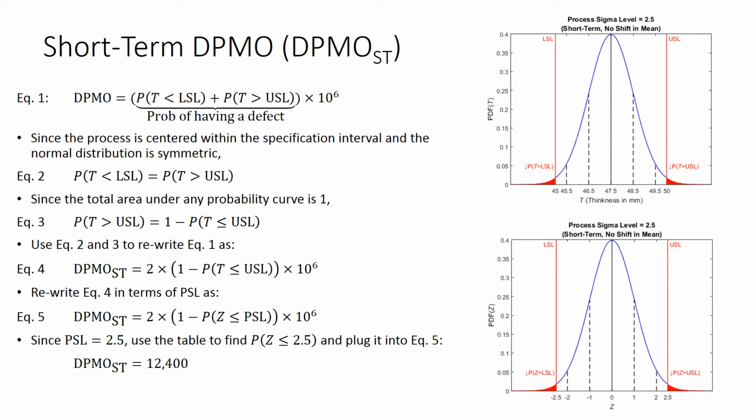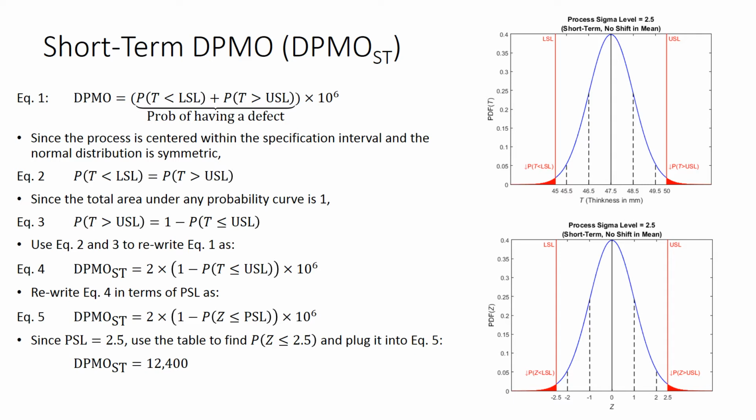So we can rewrite equation 4 as 2 multiplied by 1 minus probability of z less than or equal to 2.5 multiplied by a million. Now we can use a table to find probability of z less than or equal to 2.5 and plug it into equation 5.